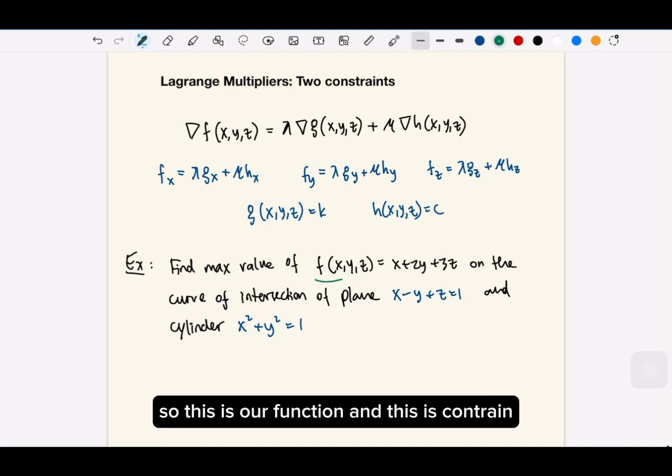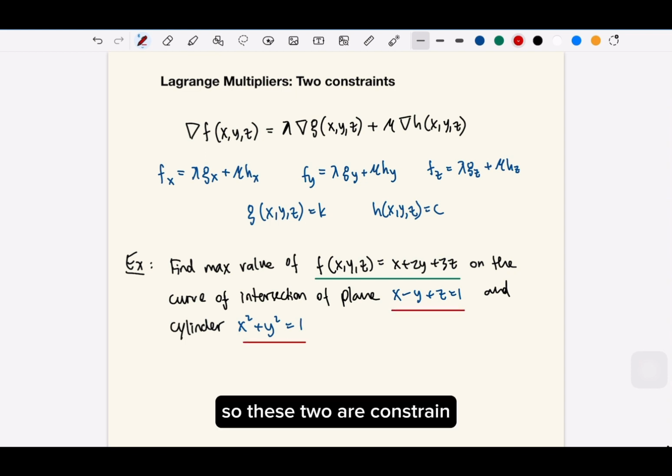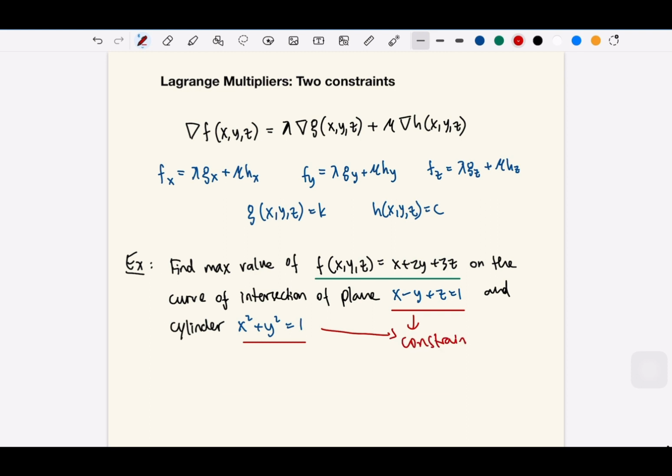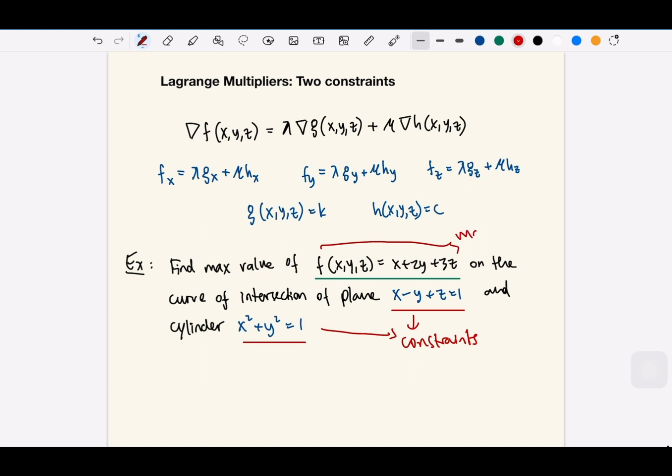So this is our function and these are the constraints. So these two are constraints. And this is the one that we want to find the max.